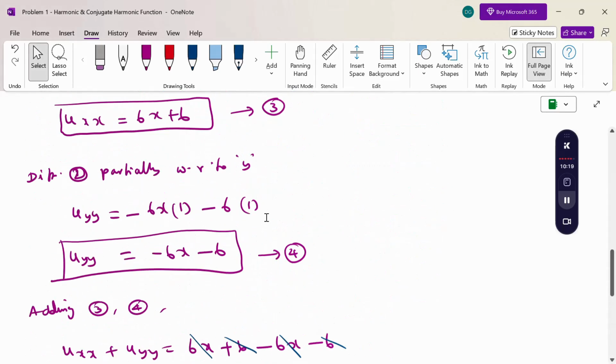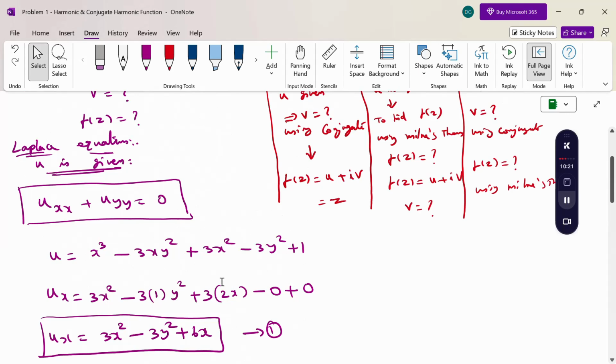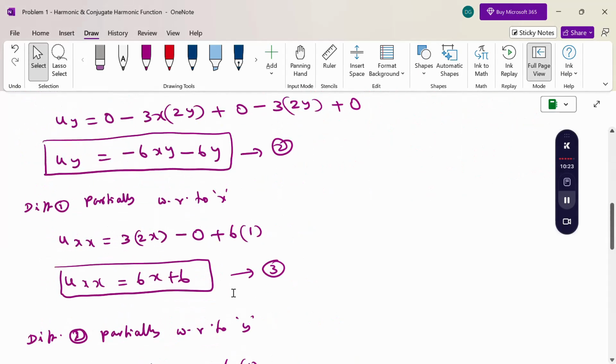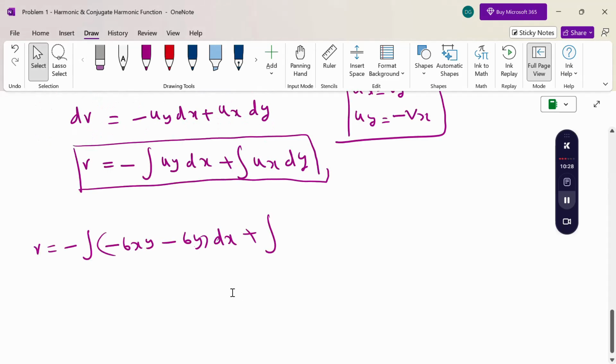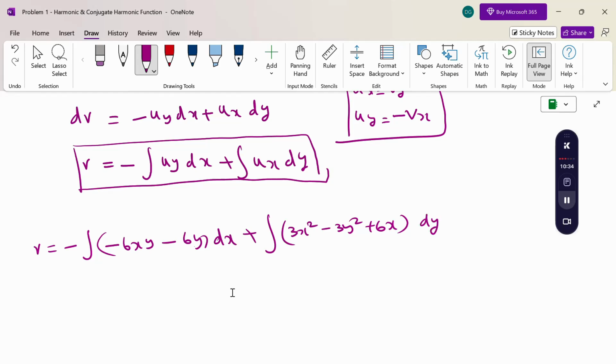Ux is from equation number 1, 3x square minus 3y square plus 6x, into dy.